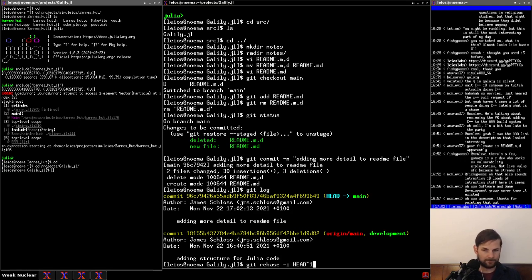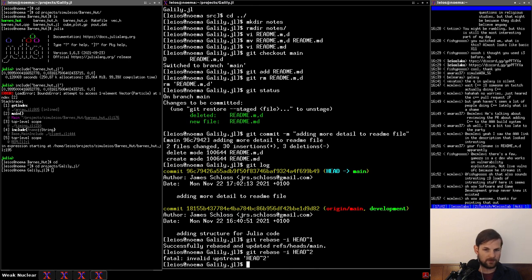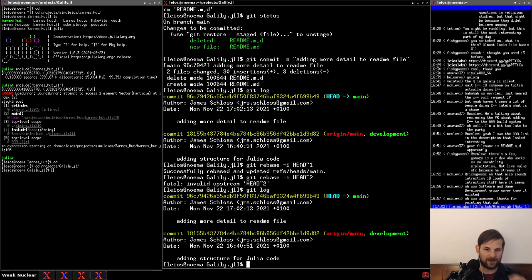Come on. Sure. Oh, actually, I think I screwed up. I think it needs to be 2. Oh, git log. Wait, how do I rebase onto that? Can I modify? Wait, I need to think about this. Git rebase -i. I want to modify the initial commit. So can't I just do this? No, this one. That's the one I want.